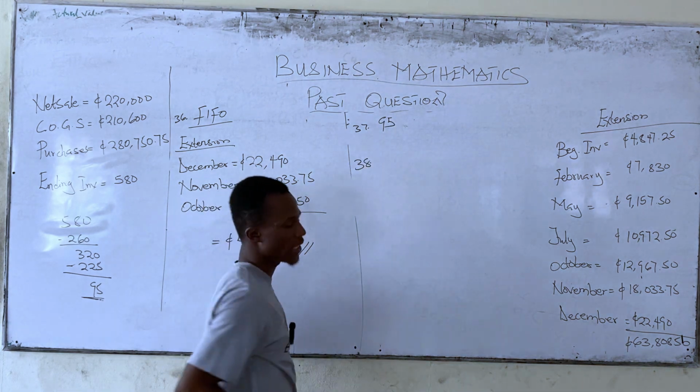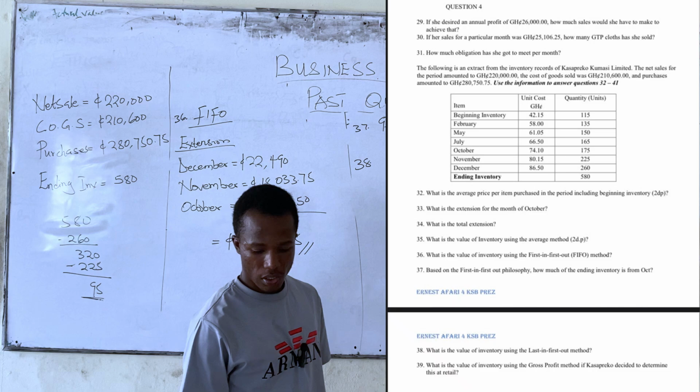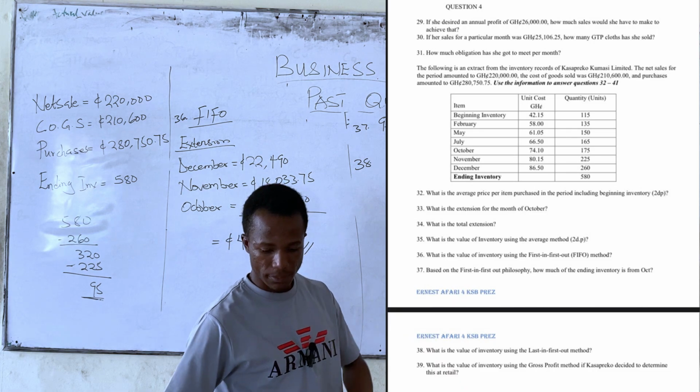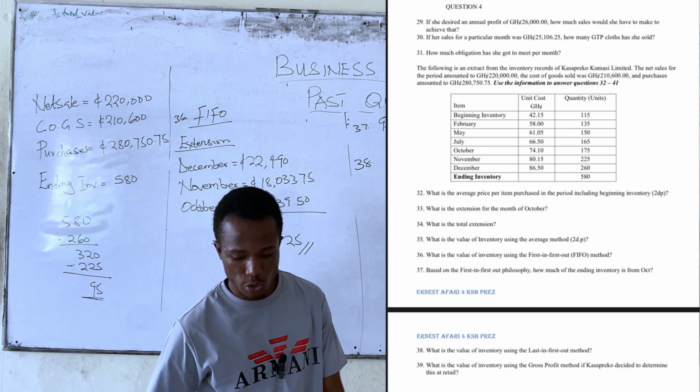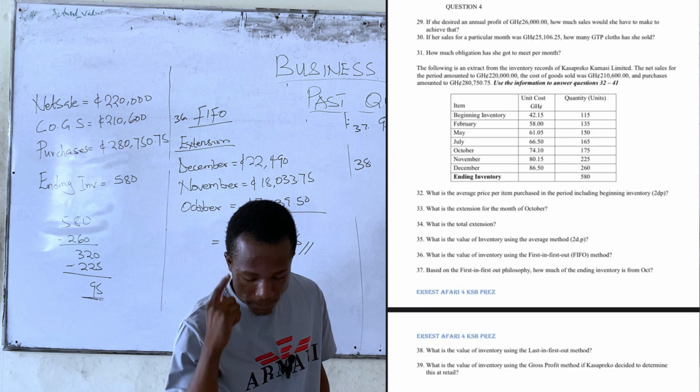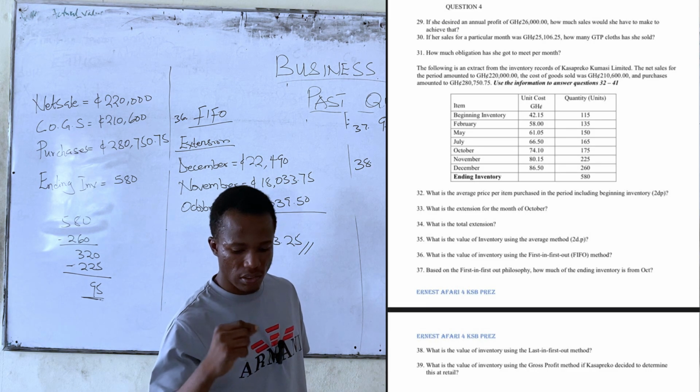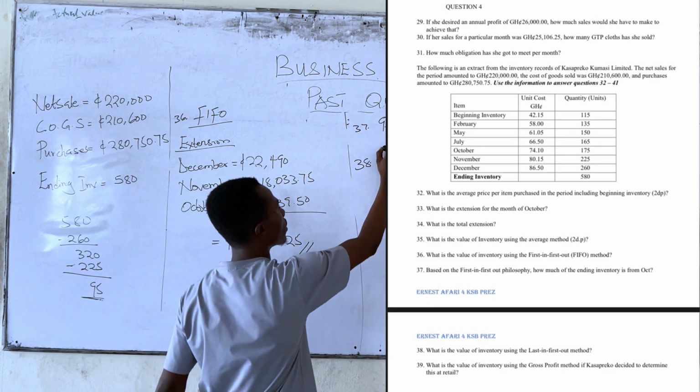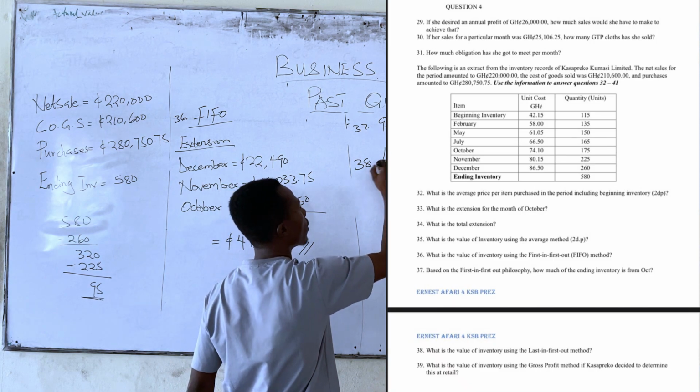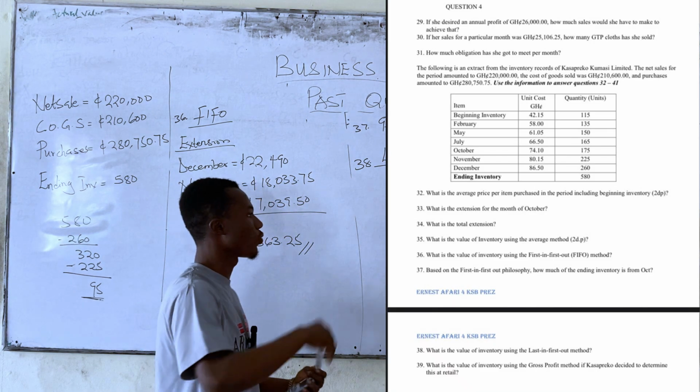So move on to 38. Question number 38. What is the value of inventory using last in, first out? So that is LIFO. And now we are going to start from what? The top.